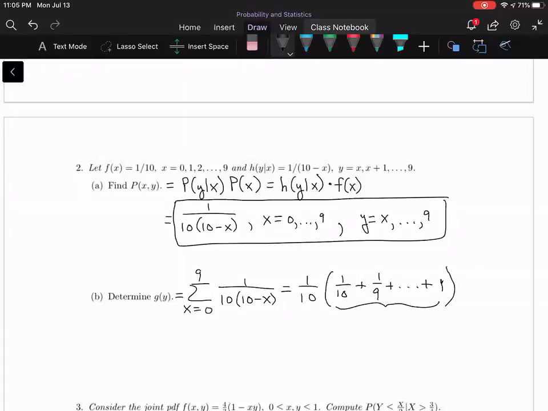So 1 plus 1/2 plus 1/3 plus 1/4 plus 1/5 plus 1/6 plus 1/7 plus 1/8 plus 1/9 plus 1/10 divided by 10 is, and I'll put this in decimal form, about 0.2929.